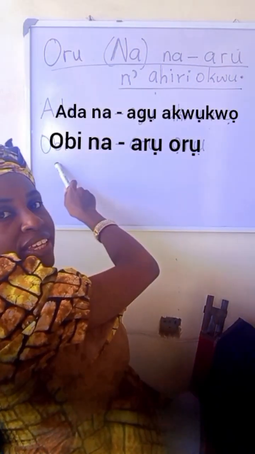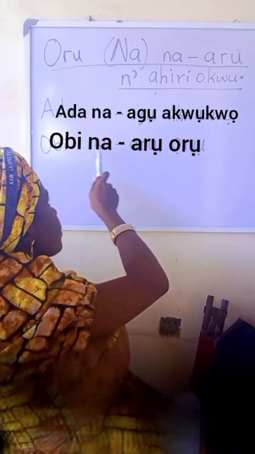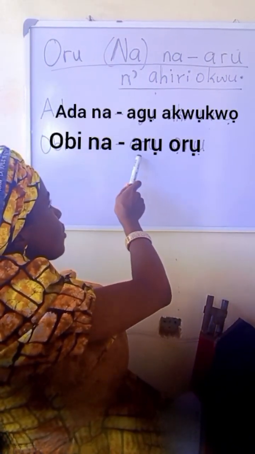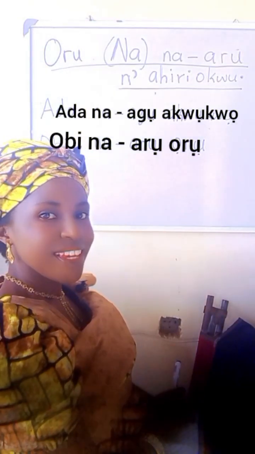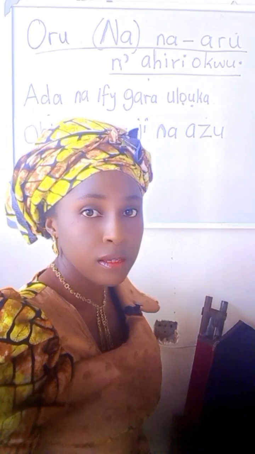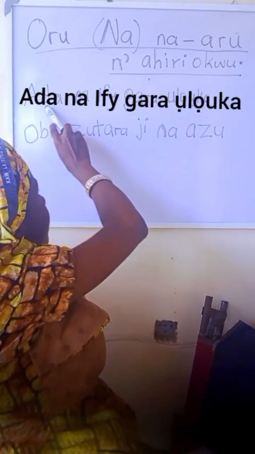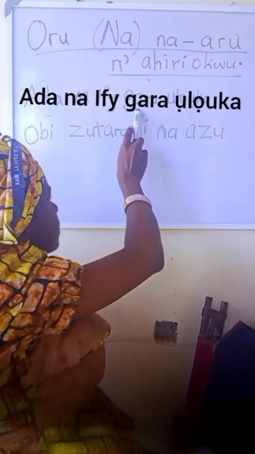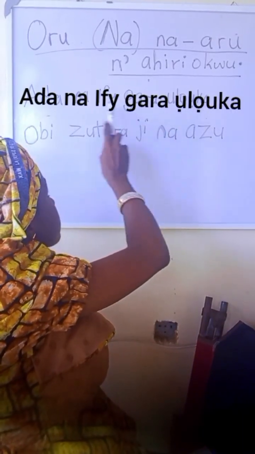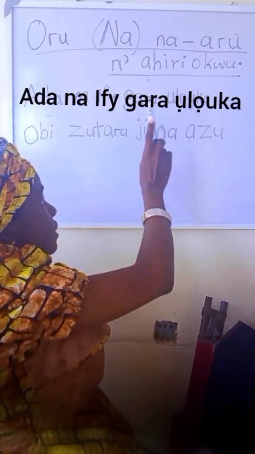The second one here says Obi na-arụ ọrụ. Obi is working. Example of na working as conjunction. We have here Ada na Ifi gara ụlọ ụka.